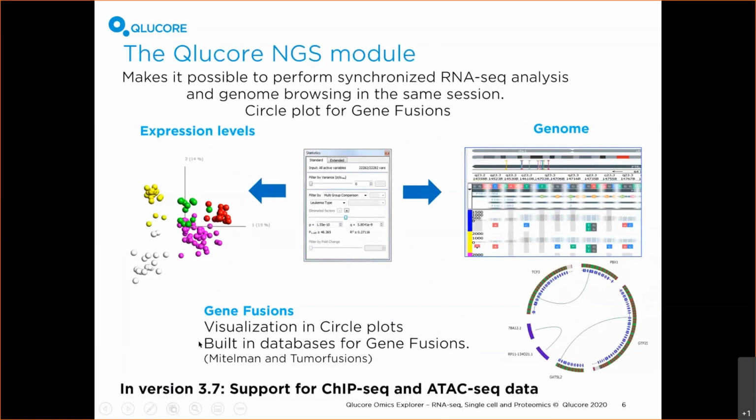If you're working with gene fusions, you can visualize them here as well, and also show them in circular plots. In the new version, we just introduced support for ChIP-seq and ATAC-seq data in the genome browser. You can work with that in parallel with your normal expression analysis, in parallel windows in the same session.